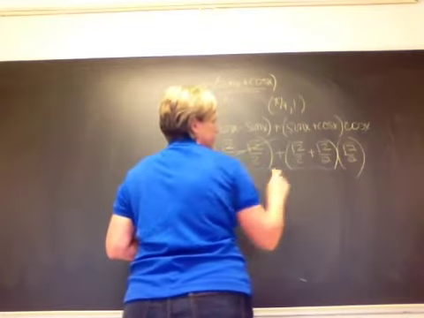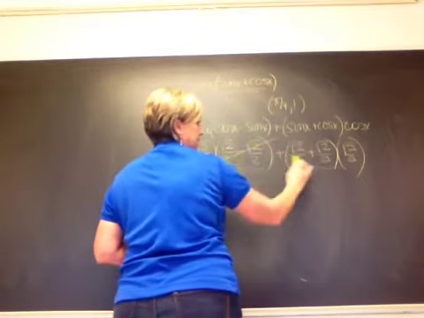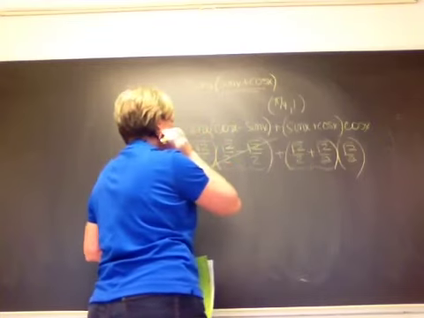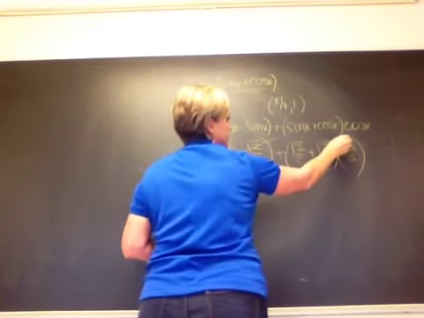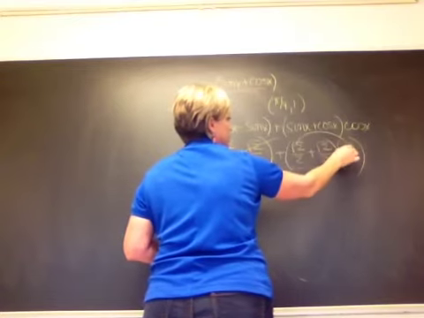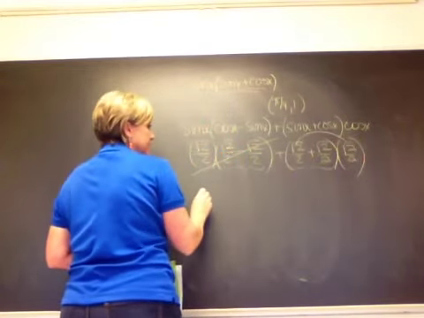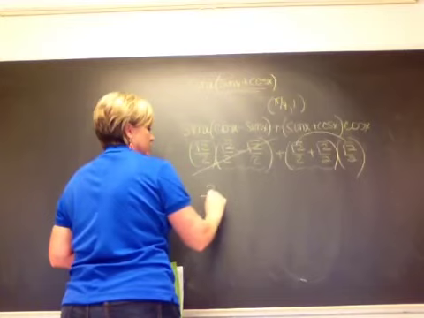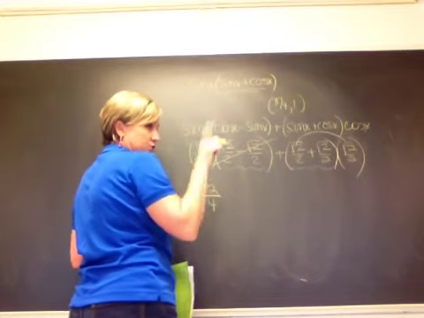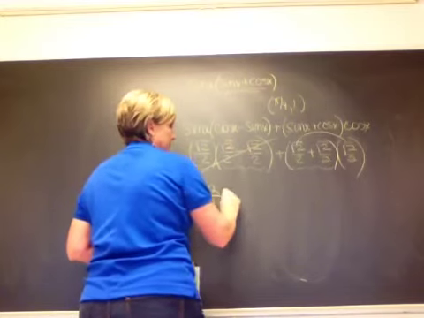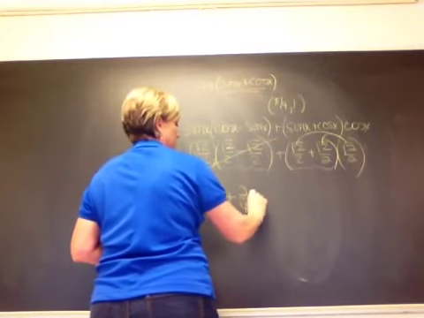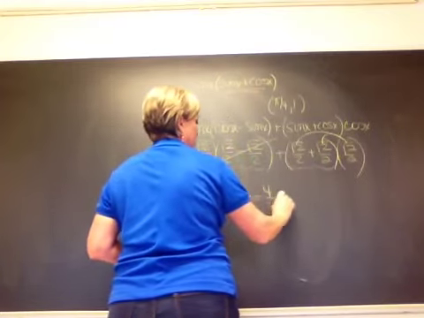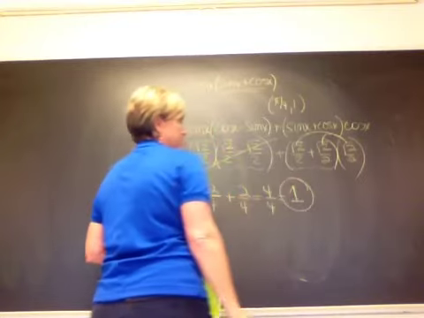Right here, you can either distribute or go ahead and add these up. Let's just go ahead and distribute. You have square root of 2 times this, which gives you 2 over 4, because your square root times your square root, plus, same thing, 2 over 4, which gives you 4 over 4, which gives you a slope of 1.